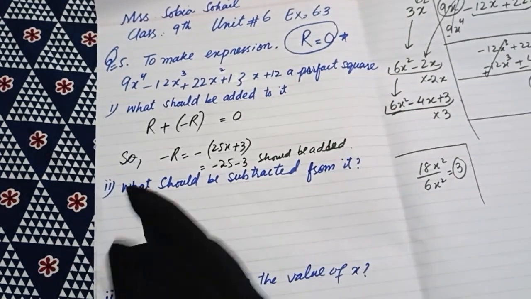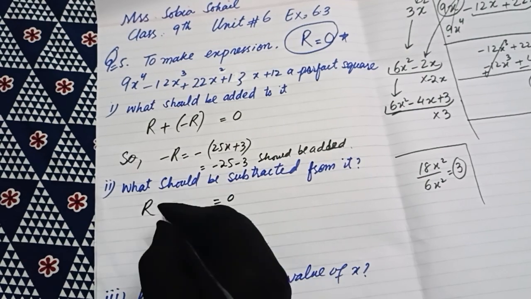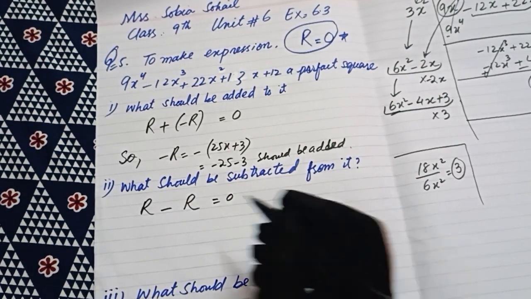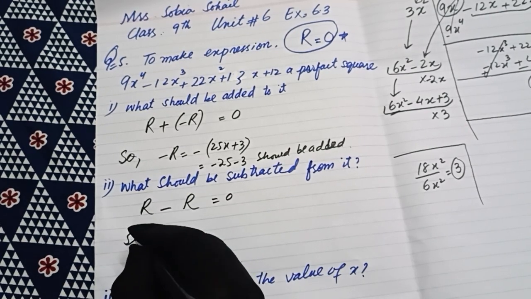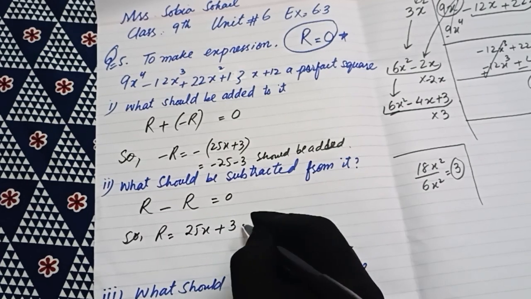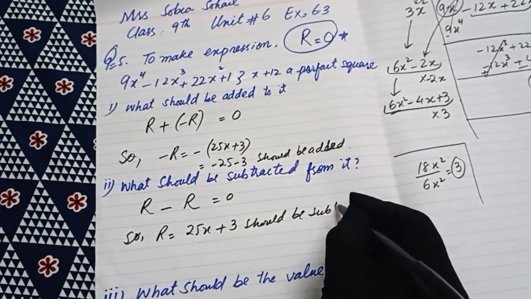And if you want to make it 0 by subtraction, what should be subtracted? Obviously only r. So what is that r? r is equal to 25x plus 3 should be subtracted.